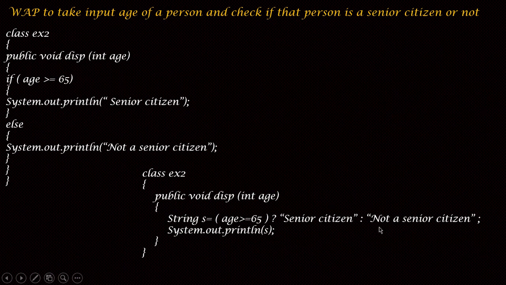That means not a senior citizen. This string constant will be stored in the variable s. After I execute this, I just display the outcome, so I am displaying s. If I provide any value that is greater than or equal to 65, it will show me senior citizen. Otherwise, it will show me not a senior citizen.